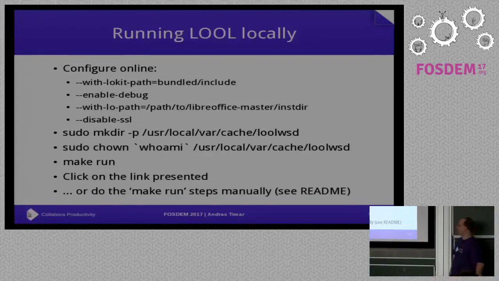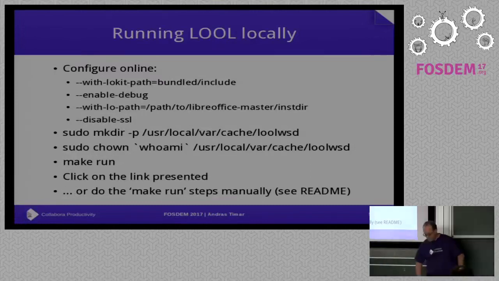Probably we want to disable the SSL to make things a little bit less complicated. And you have to create the cache directory and then just issue the command make run, and click on the link that is presented on the console, and that's all. You can read more about this in the README in the source code.